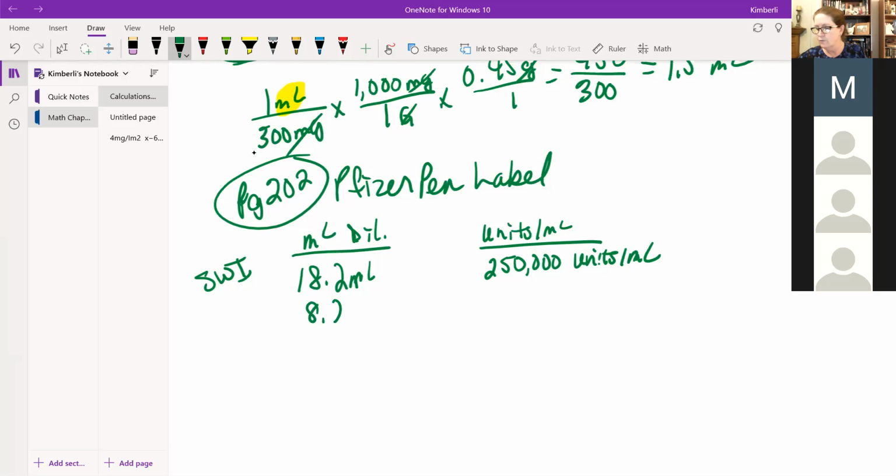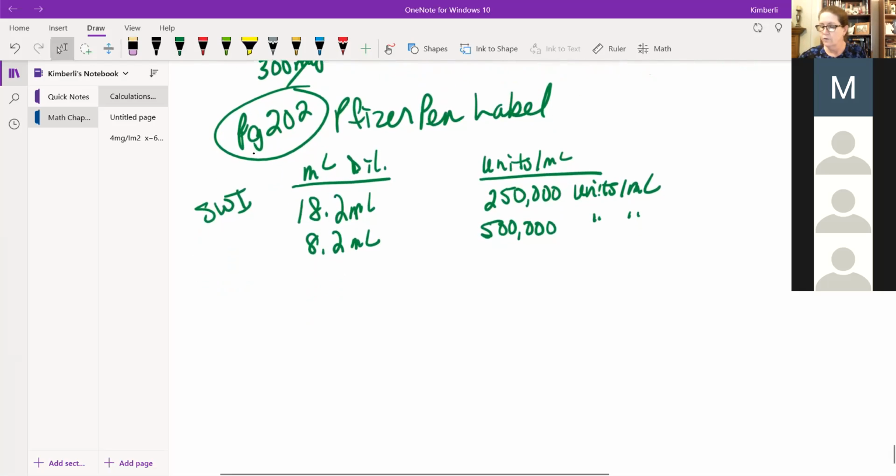So if you add 8.2 milliliters, you're going to end up with 500,000 units per milliliter. And if you add 3.2 milliliters, you're going to end up with 1 million units per milliliter. So it lets you choose how you want to do that.